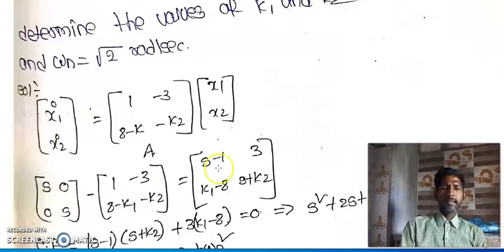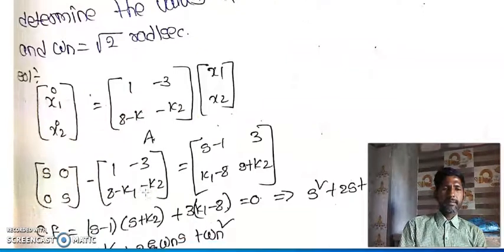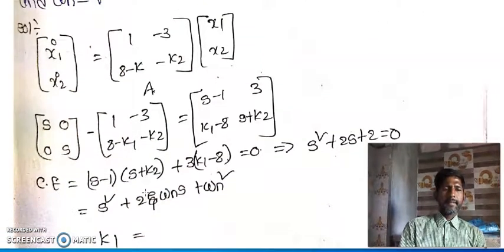This is matrix A. Now sI minus A is s into [1, 0; 0, 1] minus [1, minus 3; 8 minus k1, minus k2]. This can be written as [s minus 1, 3; k1 minus 8, s plus k2].